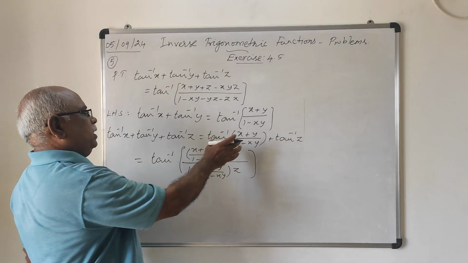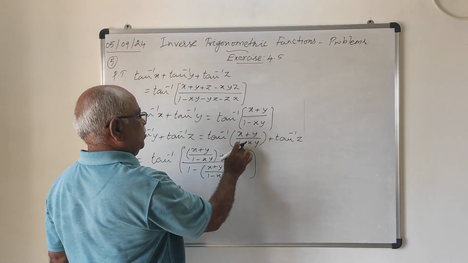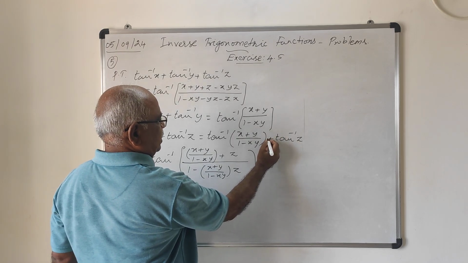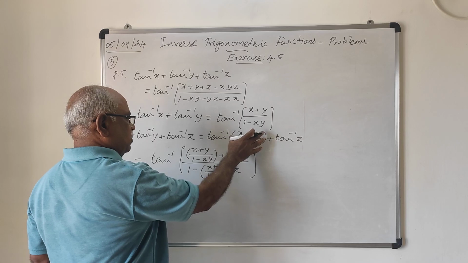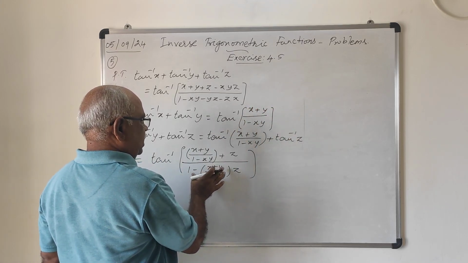Again we have to use this: tan inverse of (x plus y) by (1 minus xy) plus tan inverse of z, using the result tan inverse x plus tan inverse y, tan inverse of (x plus y) by (1 minus xy).